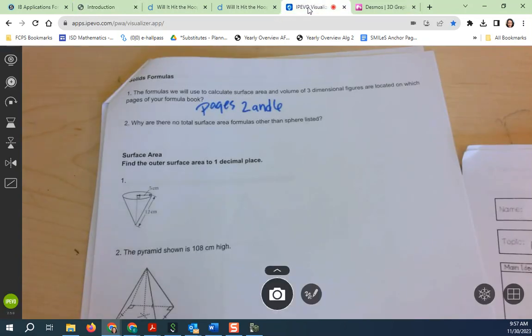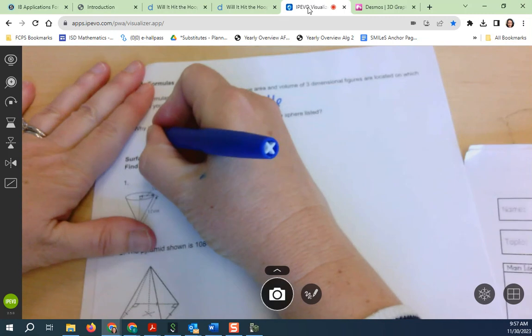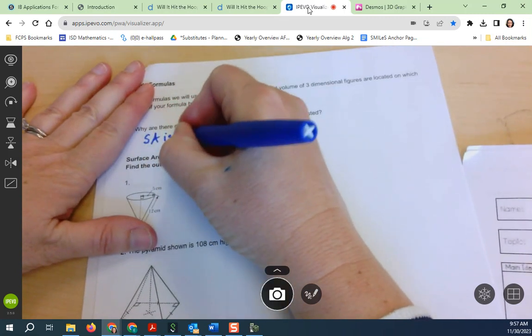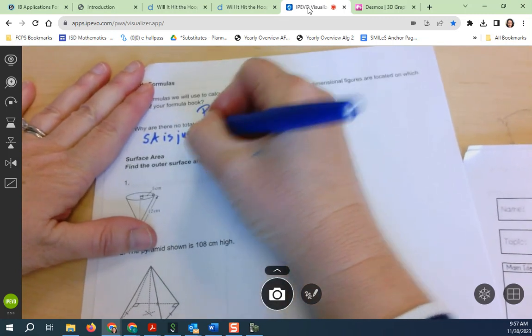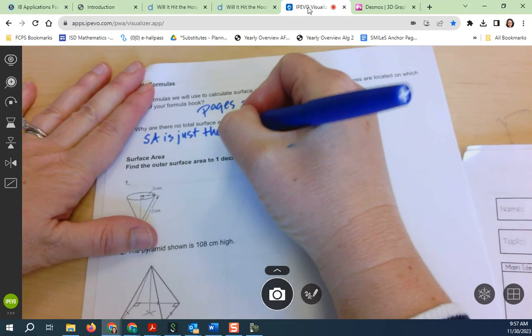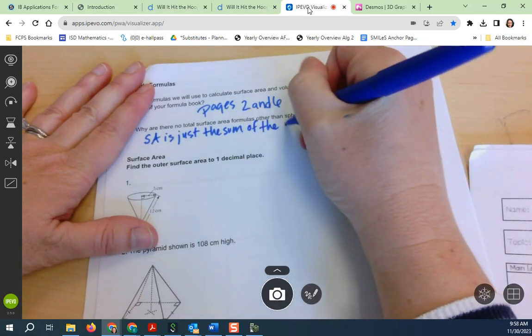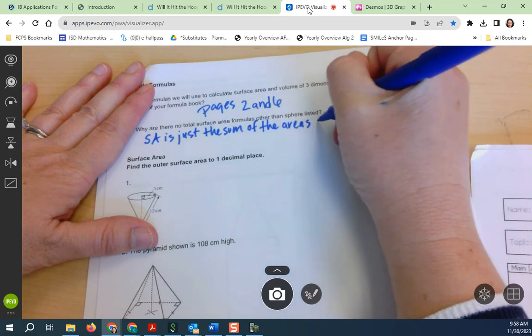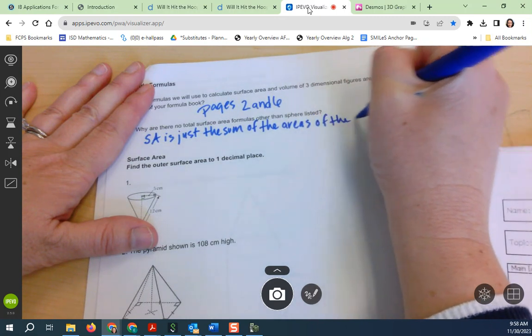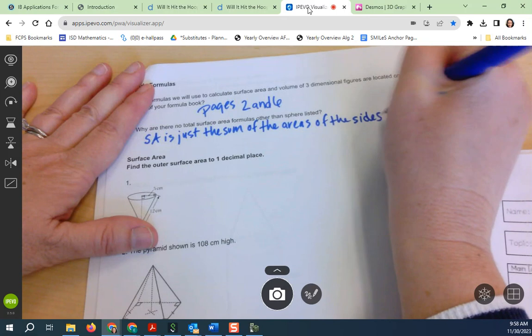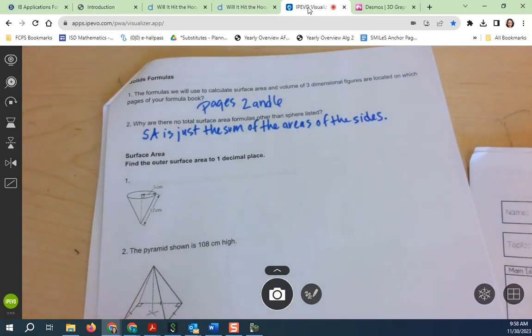Okay. So surface area is just the sum of the areas of the sides. Surface area, I wrote SA for surface area, is just the sum of the areas of the sides.